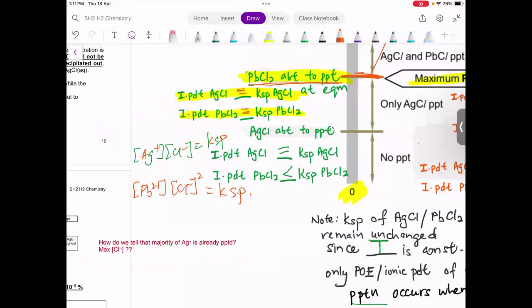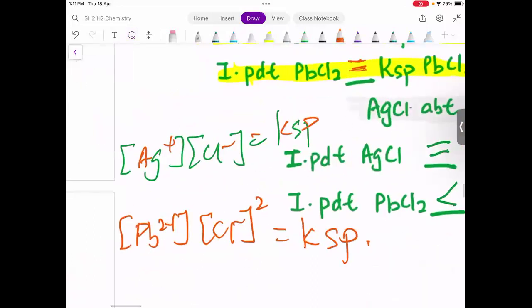So let's check. Do I know what is the silver plus left behind after precipitation? This is a question mark. I don't know. This is given to me. I know. This is also given to me. I know. So do I know this? How? The maximum point.